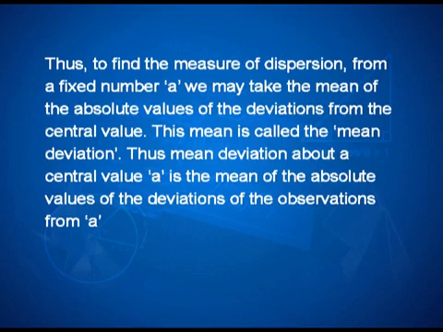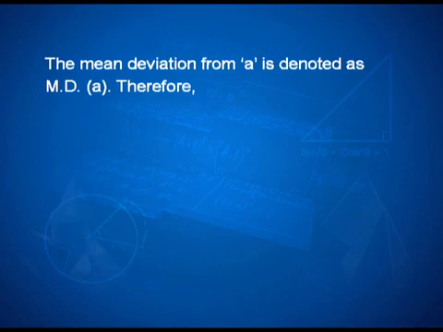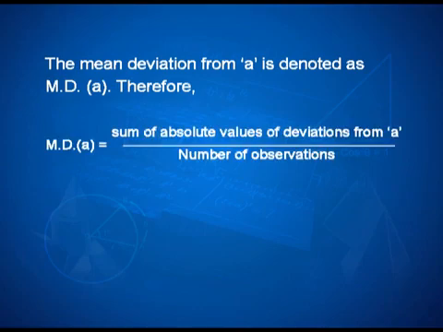Thus, mean deviation about a central value A is the mean of the absolute values of the deviations of the observations from A. The mean deviation from A is denoted by MD(A). Therefore, MD(A) is equal to the sum of absolute values of deviations from A upon the number of observations.